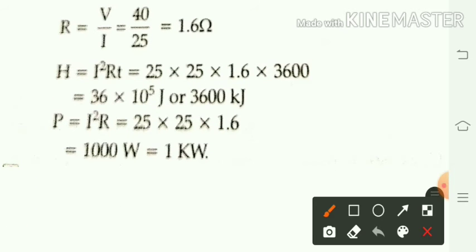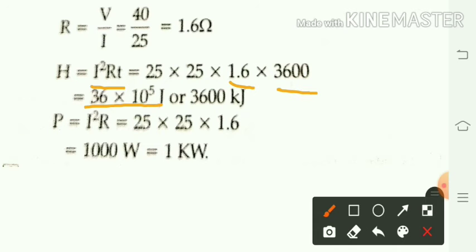The heat energy generated can be calculated by the formula I square RT. Value of I is 25, its square is 625, R value is 1.6 and time is 1 hour, which means 3600 seconds. By the multiplication we get the value as 36 into 10 raised to 5 joule.